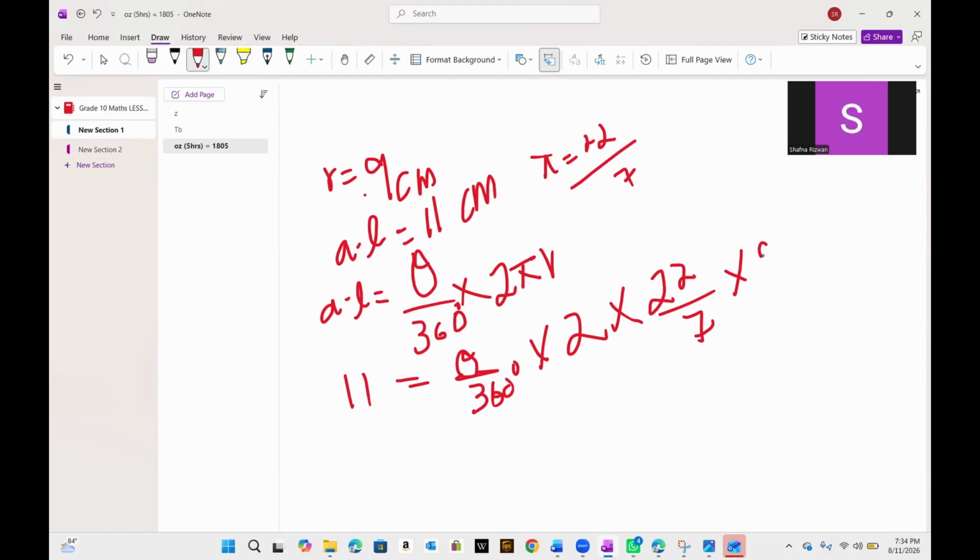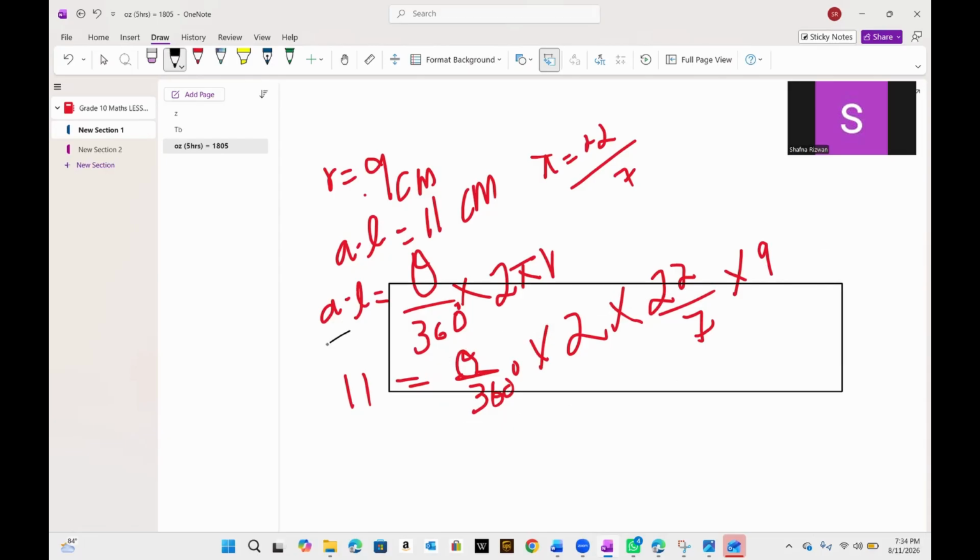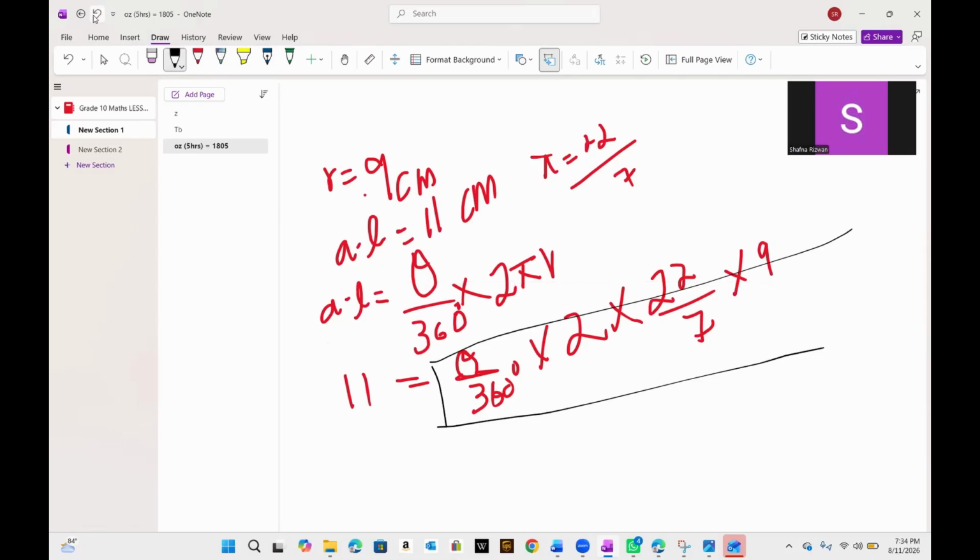9 centimeter. Now here, let's cancel all of the things we can like this. Whatever you can cancel here, cancel it off. Understand?